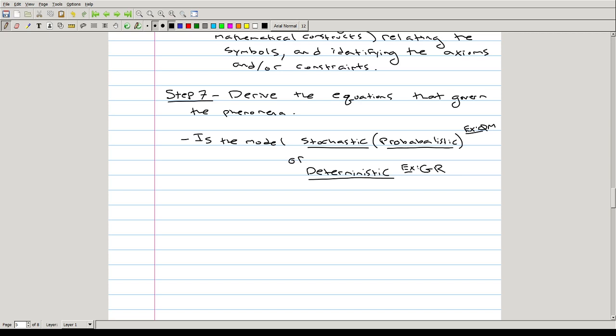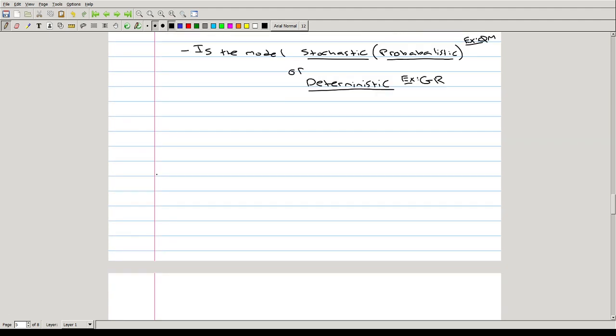So stochastic means there's some degree of randomness in the model, and you have to use probability theory very heavily in the model. Or deterministic, meaning you can always find an exact trajectory or an exact solution. Or is it a mixture of both? This can happen sometimes.